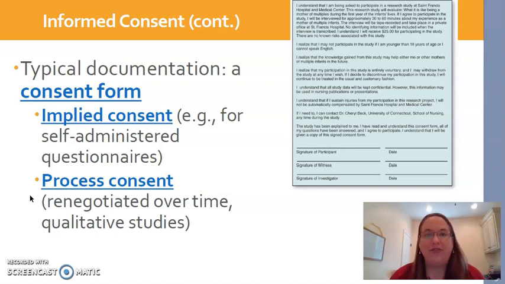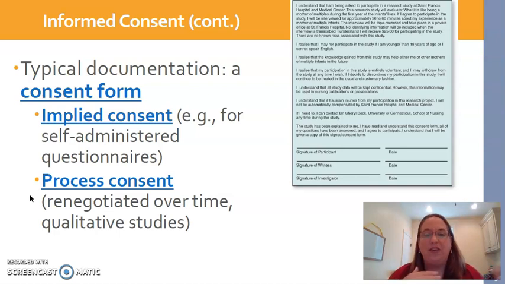However, I realized after the first round of interviews, I don't quite have enough information. And I really wish I would have asked this other question. So I go back to my participants and I have to get them consented again for that second part of the interview. So, because qualitative studies often unfold in a less predictable pattern, we have process consents.